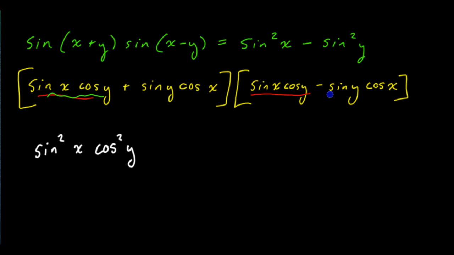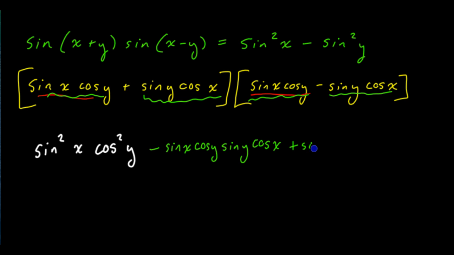All right, so now we're going to do the outer terms. You've got sine x cos y times negative sine y cos x, and there's no like term, so we can't do sine squared in this one because you've got sine x and sine y. So it's just going to be sine x cos y sine y cos x. Now we're going to do the inner terms.